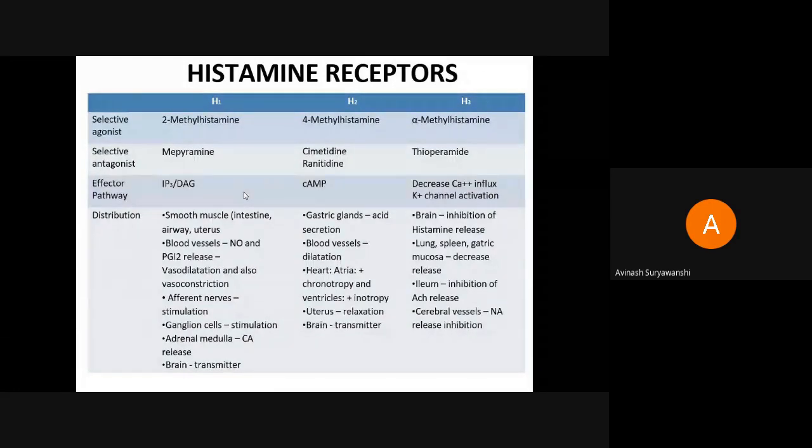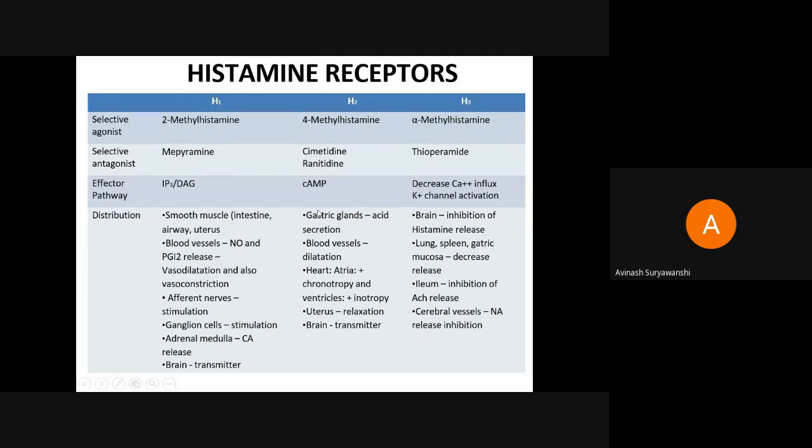But they have different mechanisms. As you know, G proteins have different types of mechanisms, like the IP3 DAG mechanism, where phospholipase C gets activated, which converts into IP3 and diacylglycerol, and then activates the protein kinases, and those protein kinases show their effect.